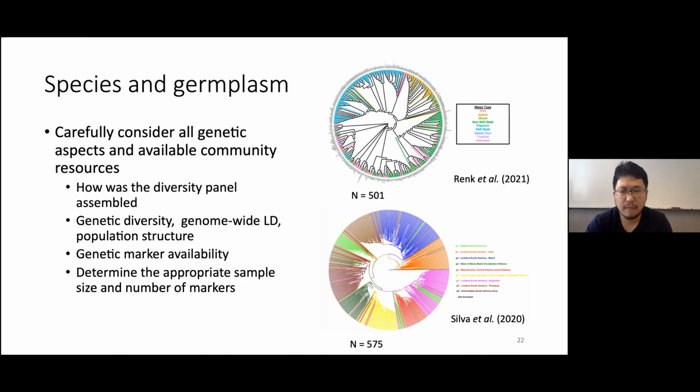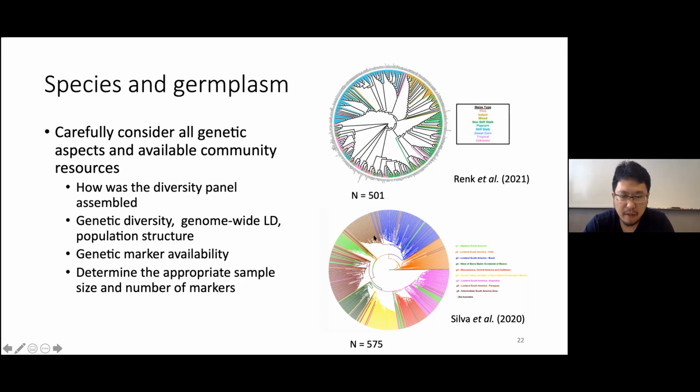One example I want to show here is also using maize. The upper panel here is called the Wisconsin panel. It has 501 genotypes and several subpopulations, including stiff stalks, non-stiff stalks, popcorn, and sweet corn.